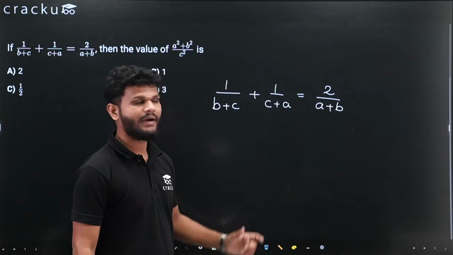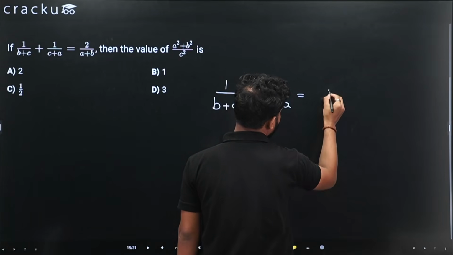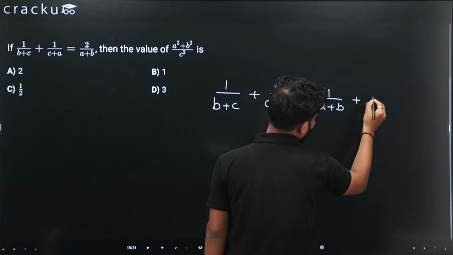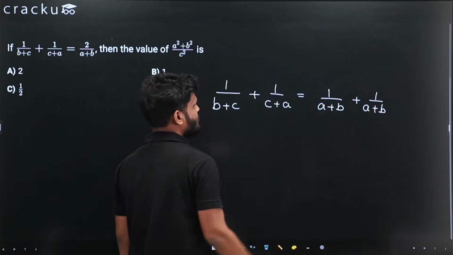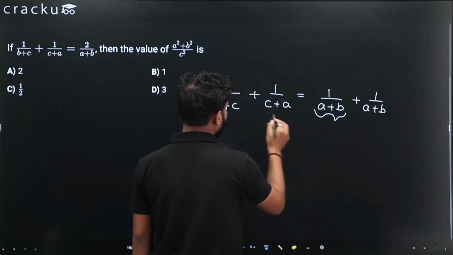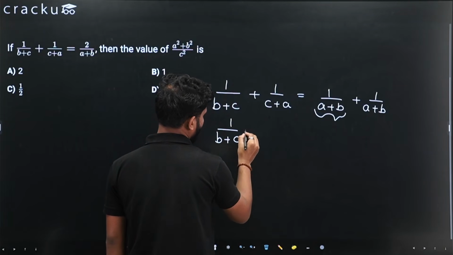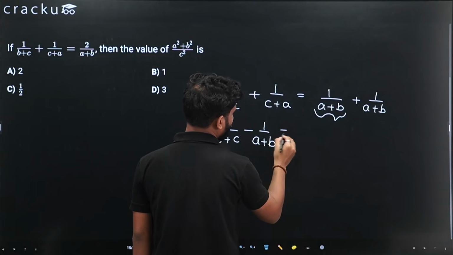Now how do you find it? So 2 upon A plus B, I can write as 1 upon A plus B plus 1 upon A plus B, correct? So I will take this 1 upon A plus B to this side. So I will say 1 upon B plus C minus 1 upon A plus B is equal to what?